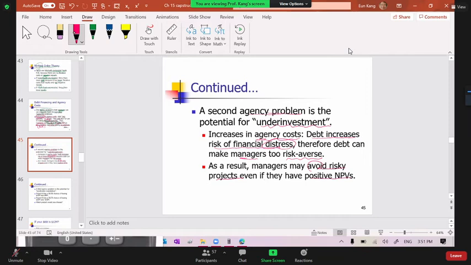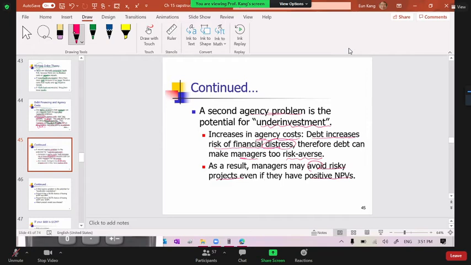But diversified investors don't care, okay? Diversified investors don't care about company-specific risk, because they have many stocks. One stock may go bankrupt, but some other stocks may hit a gold mine, something like that. So plus and minus cancel each other.